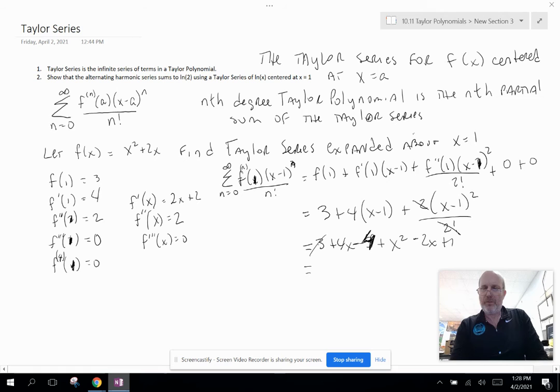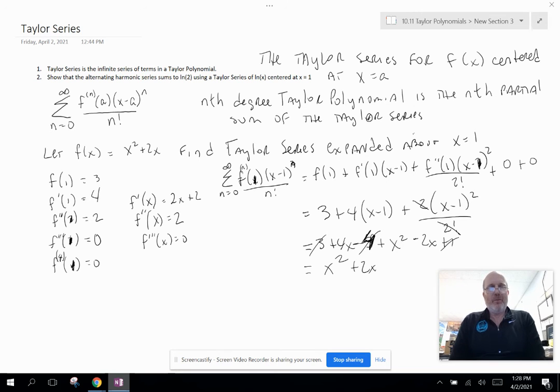So we end up with 3 minus 4 plus 1, which is 0. We end up with x squared, and then plus 4x minus 2x, so x squared plus 2x, which is the original function. So the Taylor series expansion, in a lot of cases, can end up being the function itself.